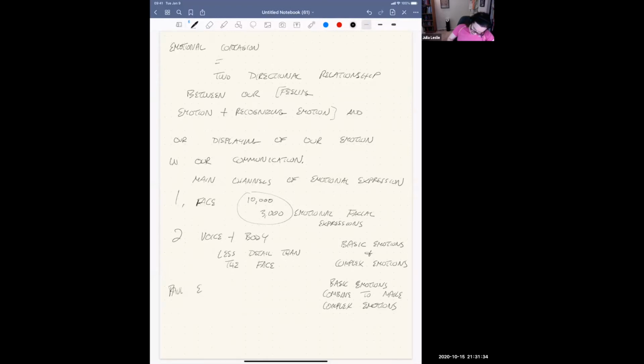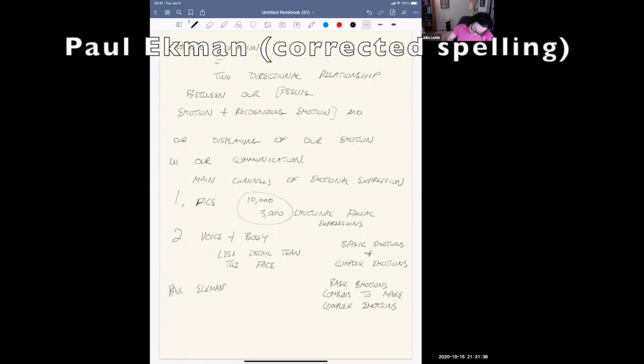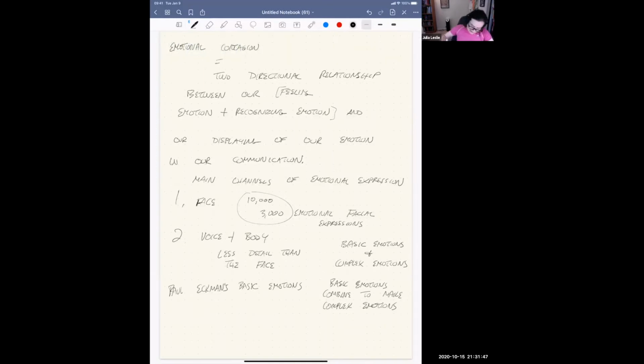Paul Ekman's basic emotions. Now there are 7 of them in this class. You can look on the internet and there are different sources pointing to a different number, but I consider these 7 to be easy to remember because they're associated with a mnemonic.